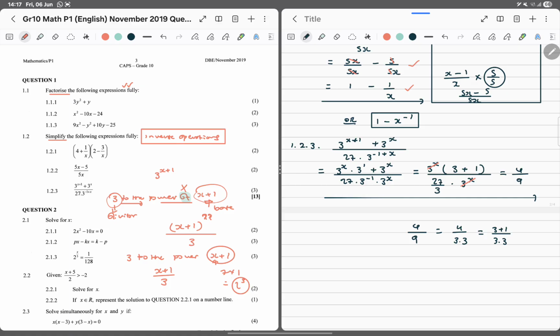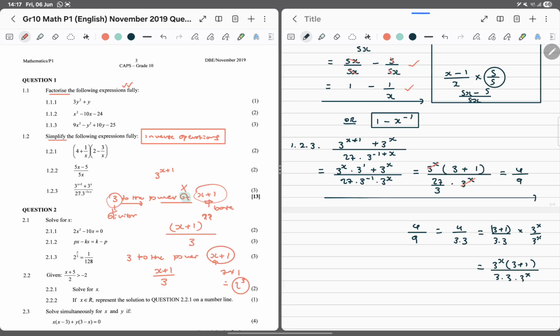Now, what do we want? We want the 3 to the exponent x. So of course, we can multiply by 1, which is 3 to the exponent x over 3 to the exponent x. So what do we get? 3 to the exponent x into 3 plus 1, all divided by 3 times 3 times 3 to the exponent x.